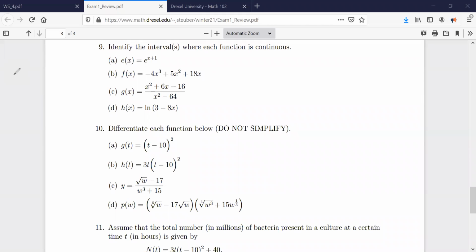So I want to identify the intervals where each of these functions is continuous. Where is e to the x plus 1 continuous? So what real values can I validly plug in to e to the x?